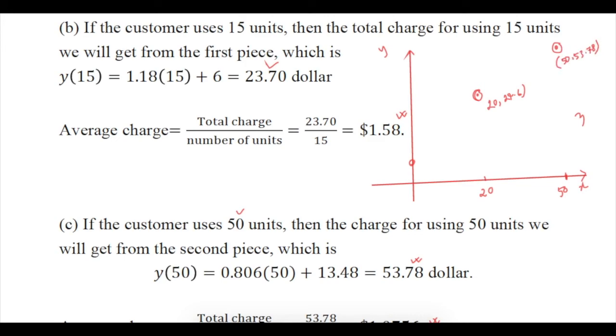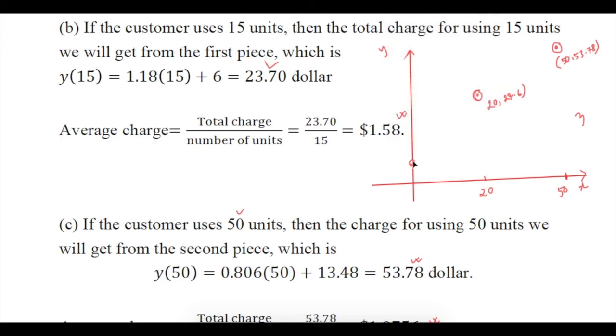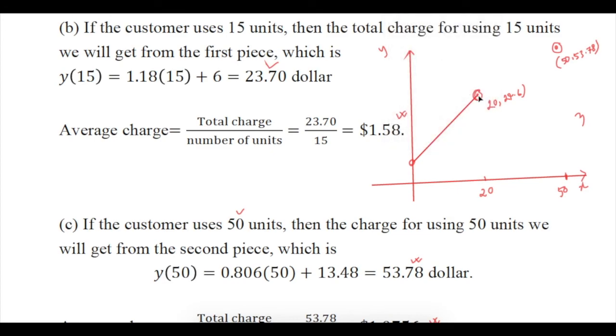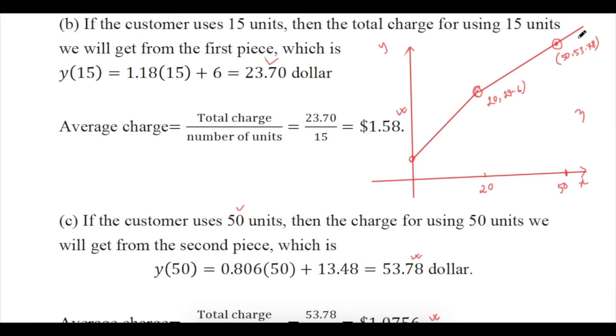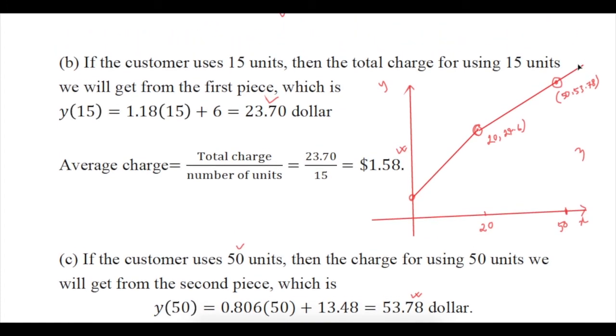Now we can sketch two lines. The first line is this one, and the second line will initiate from the point where the first line ends, and it passes through this point. And since the slope is smaller than the first line, I need to put an arrow sign here.